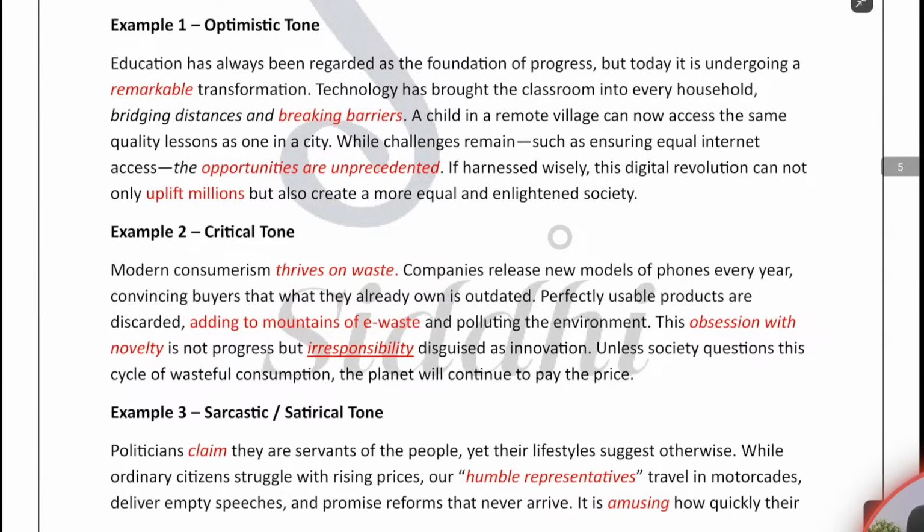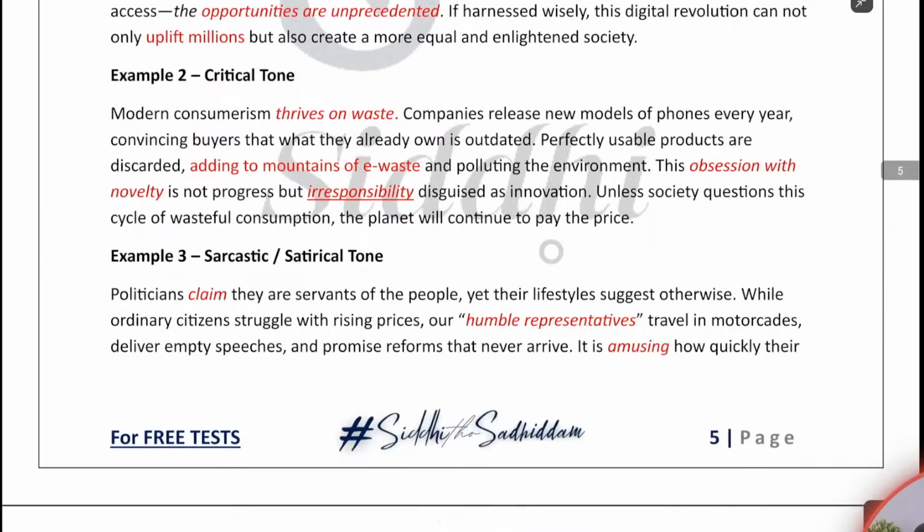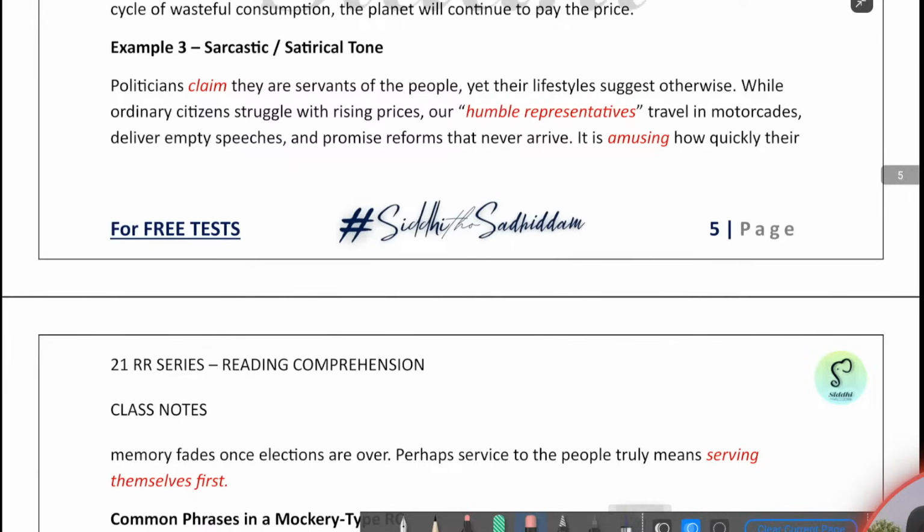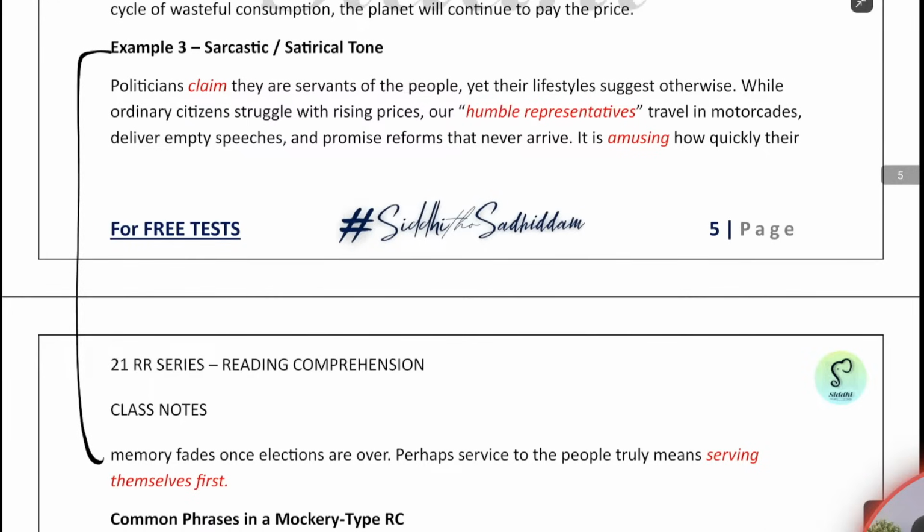So critical tone is all about criticizing. It is all about stating the negatives. Now the next tone is the sarcastic tone. Sarcastic tone is about mockery. Mockery is where you will use words such as so-called benefits. Or let's say this one says politicians claim they are the servants of the people.